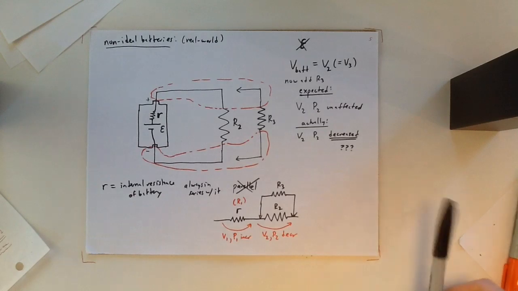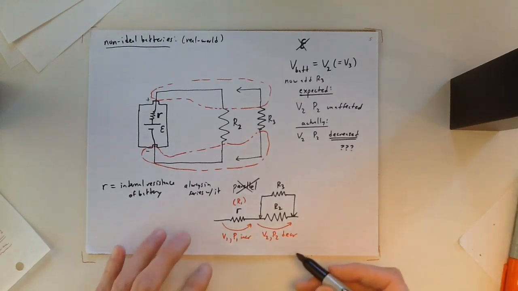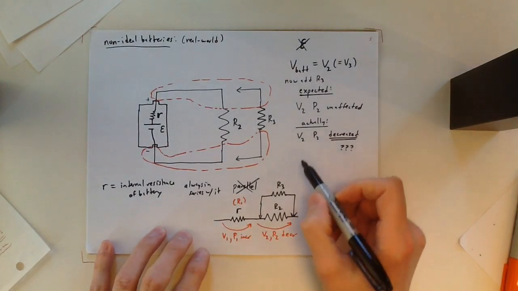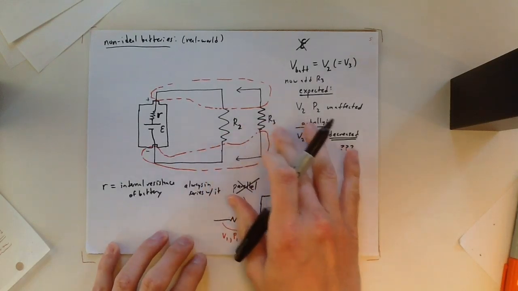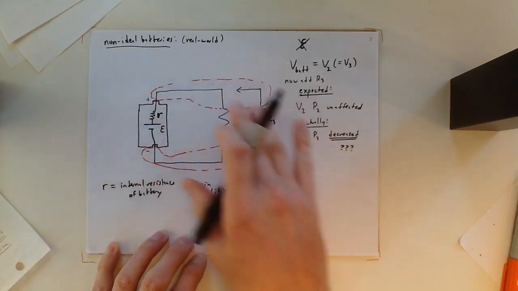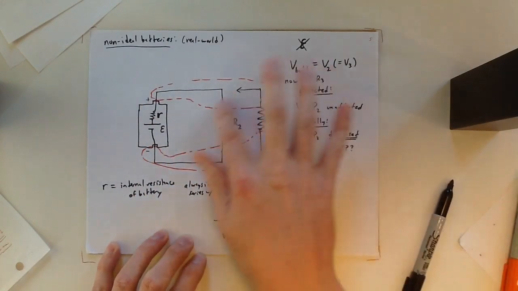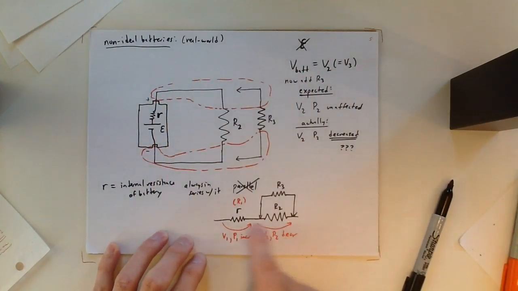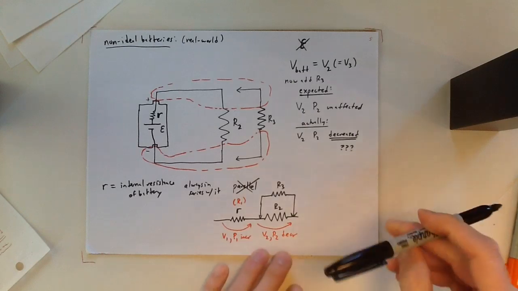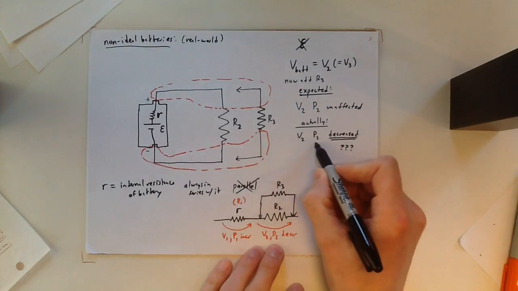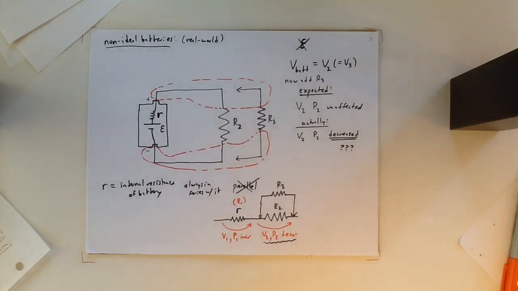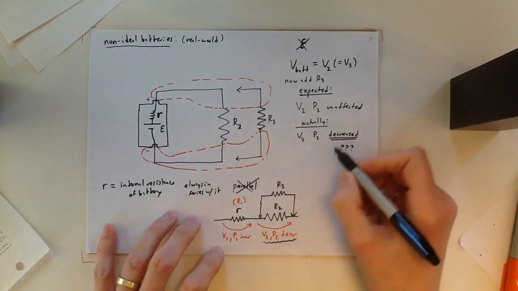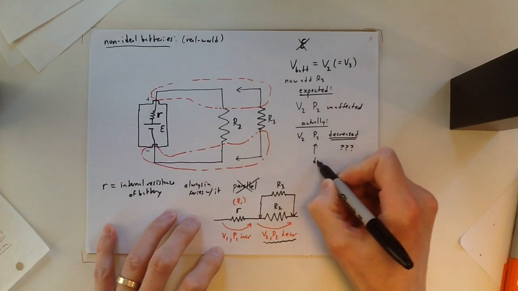So what we can now understand is that when you connected R3 in parallel, it affected how much resistance was here versus here, so the voltage drops redistributed. As we said, the voltage V2 and P2 actually decreased. You can see that here. And if this was a light bulb, you would see it is dimmer.